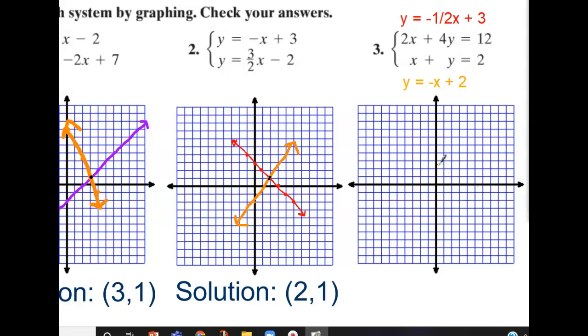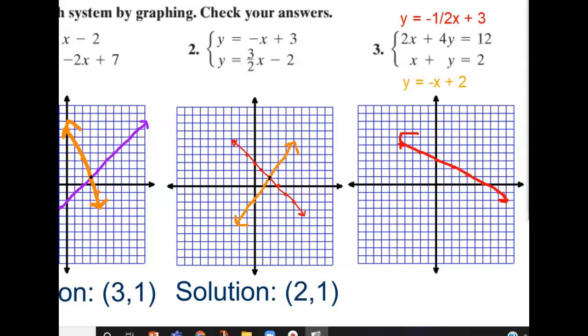So plotting those points, you start at 3, go down 1 over 2, up 1, left 2, and graphing our line, we have this.